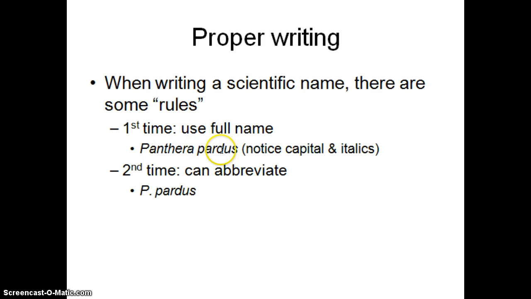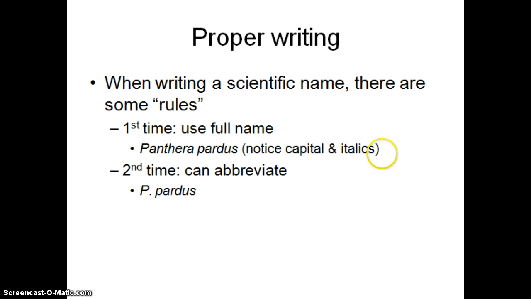So Panthera pardus. The scientific name consists of two words, the binomial nomenclature. The first word is the genus and the second word is the species. The genus is always capitalized, the species is lowercase, and if you were typing this out, it would be in italics, and that's an important piece.